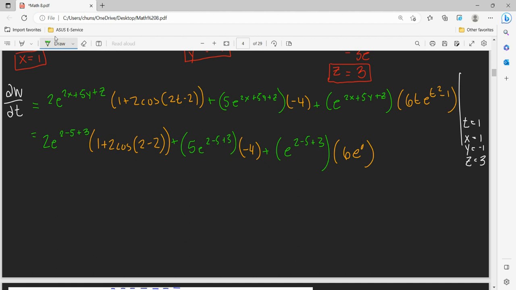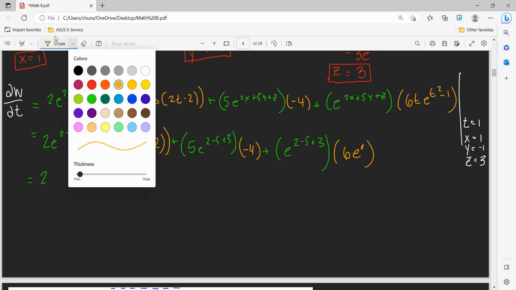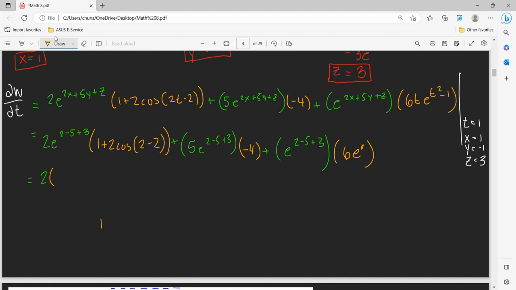So this will give us, so this is just going to be 2, because this is 2 plus 3 minus 5, which is 0. So e to the exponent 0 is just 1, multiplied by 2 is just 2. Okay, and then we're multiplying, so this is 1 plus 2, and then cos of 0 is just equal to 1. So this is just going to be 1 plus 2, which is 3.